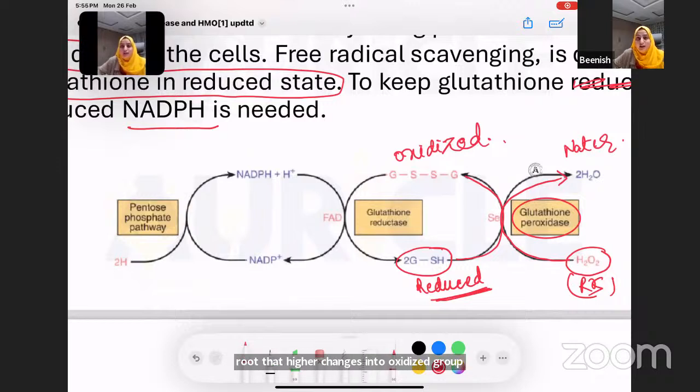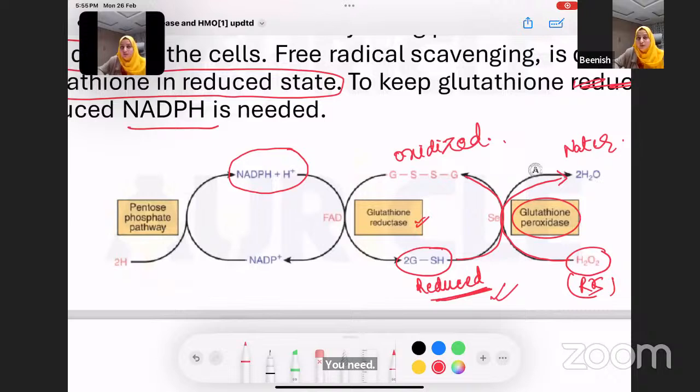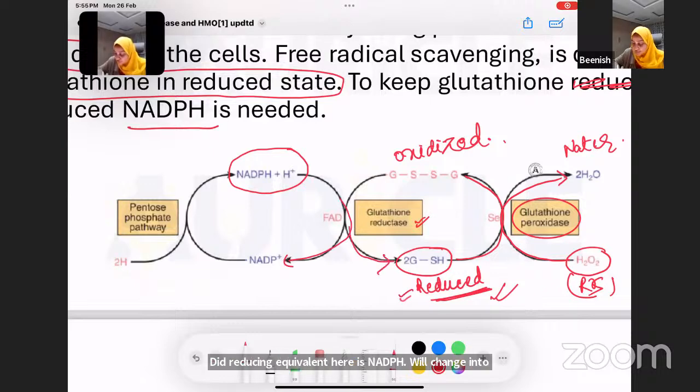So this free radical scavenging can take place only when this glutathione is in reduced state. So you need to maintain this glutathione in reduced state. So for that, what do you need? You need glutathione reductase enzyme, and the reducing equivalent here is NADPH. So NADPH will change into NAD plus and it will give you reduced glutathione.